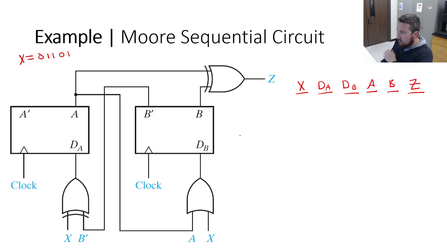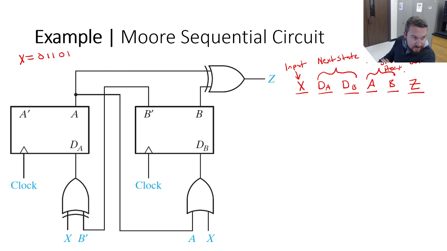So a lot to unpack. We've got the input, we've got effectively the next state, we've got the present state, and we've got the output.